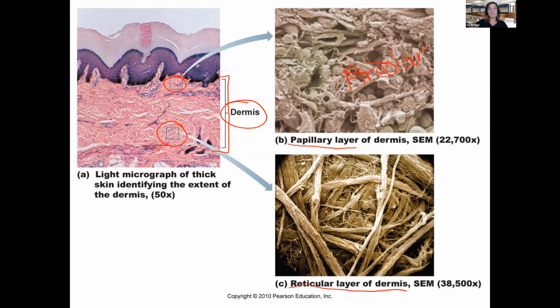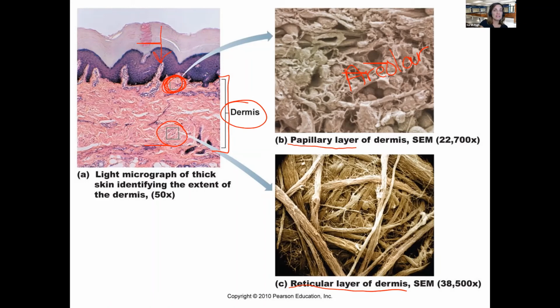It's very loose, it's very spread out, so white blood cells can patrol the area. That should make sense, that you have that way up here at the very top of the dermis, so that if an infection were to make it through the epidermis, now you've got some white blood cells and macrophages in that areolar tissue patrolling the area, keeping it safe.